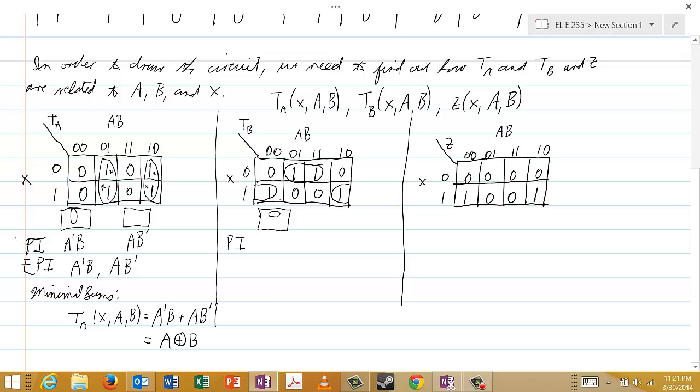The top one is X prime B. And this other one will be X B prime. Again, all of the one cells in this Karnaugh map are essential, and therefore both of those prime implicants are essential.